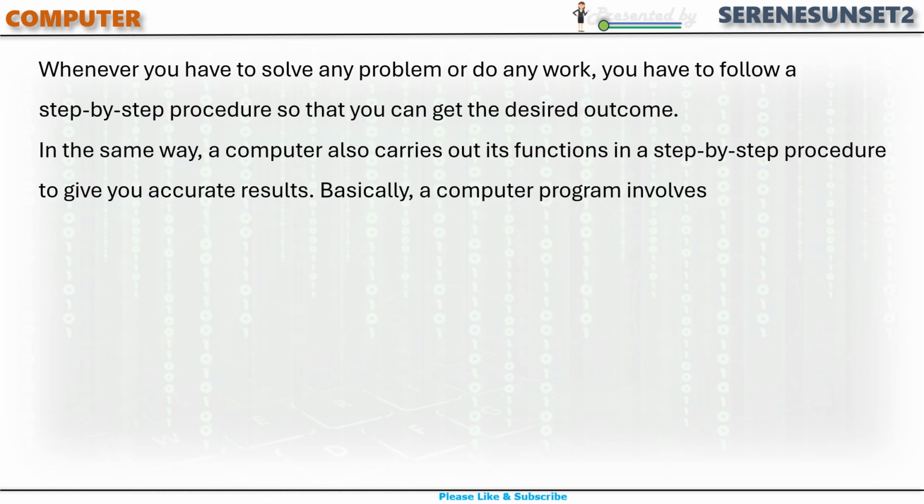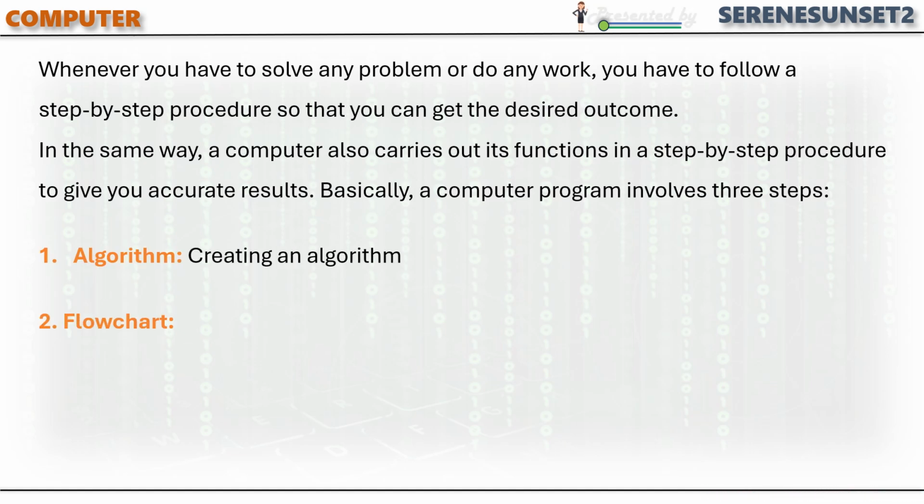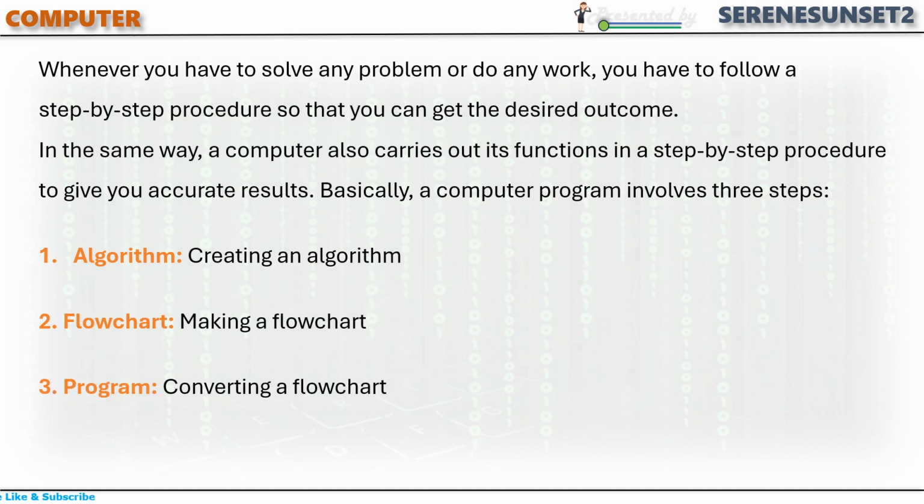Basically, a computer program involves 3 steps. First, algorithm, creating an algorithm. Second, flowchart, making a flowchart. Third, program, converting a flowchart into a program.